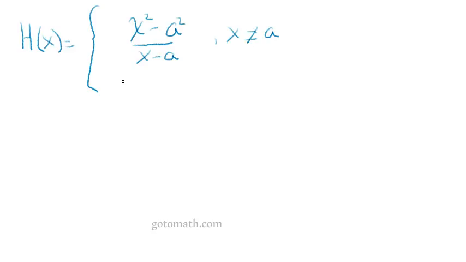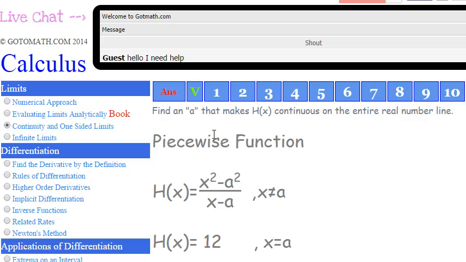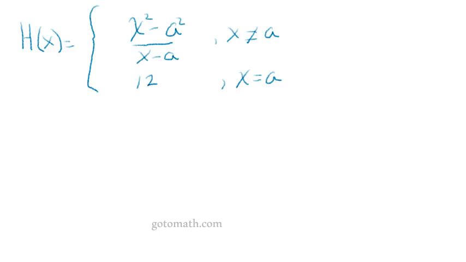Now, if you just follow the steps of the definition of continuity, and actually I need to read this. So we want to find this a that makes h of x continuous on the real number line. Alright, so that's what we're looking for. Forgot the question.